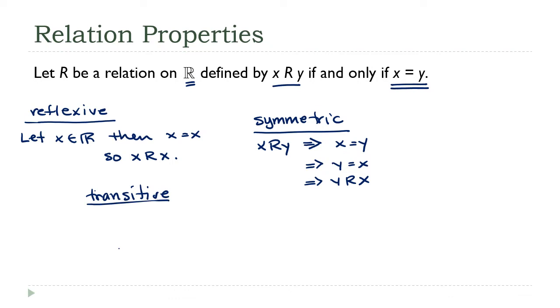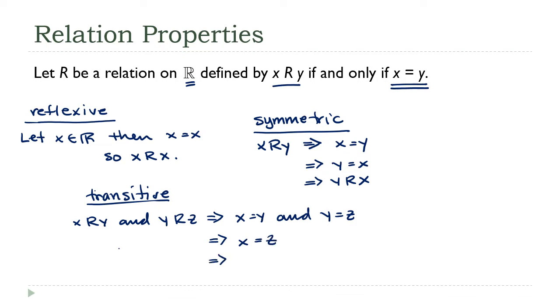How about the transitive property? Here we start with two. We're going to start with x is related to y, and y is related to z. And my definition up here says this means that x is equal to y and y is equal to z. Well, because equality is transitive, this tells us that x is equal to z, which means x is related to z.